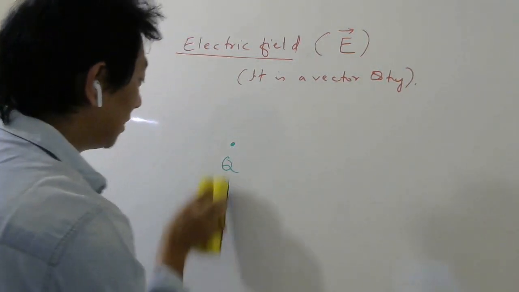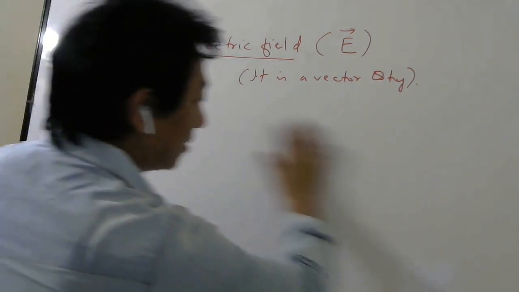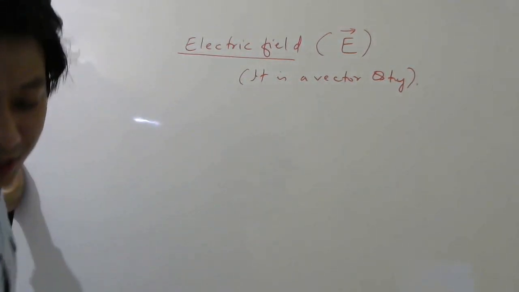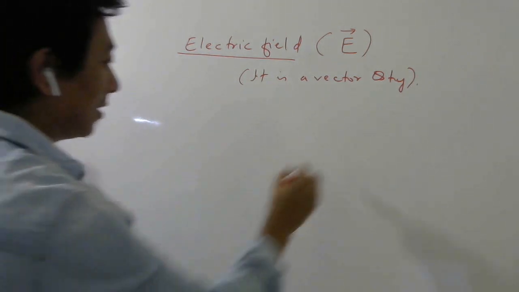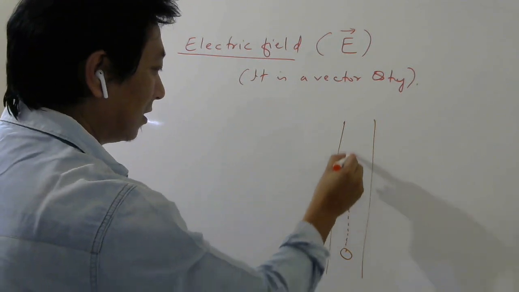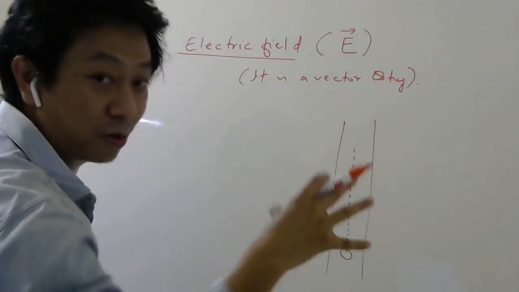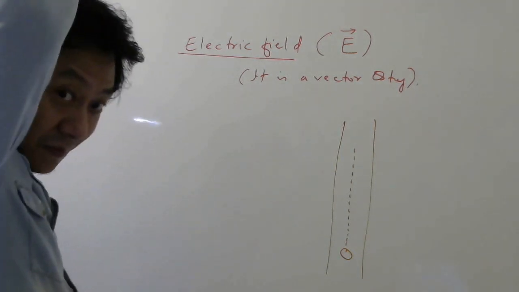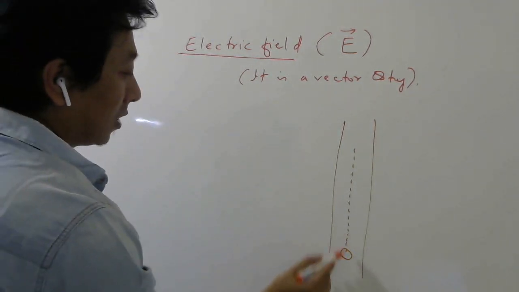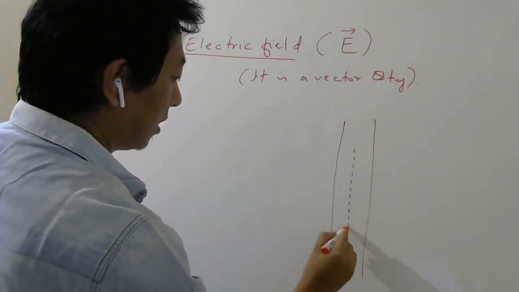Let us say this charge is not there. So now there is no charge. What is this space? Empty space. Imagine Pankaj sir is walking in this empty space like this. I'm showing you the head because I'm showing you the top view. So I'm walking like this. There is nothing here, my motion will be undisturbed.